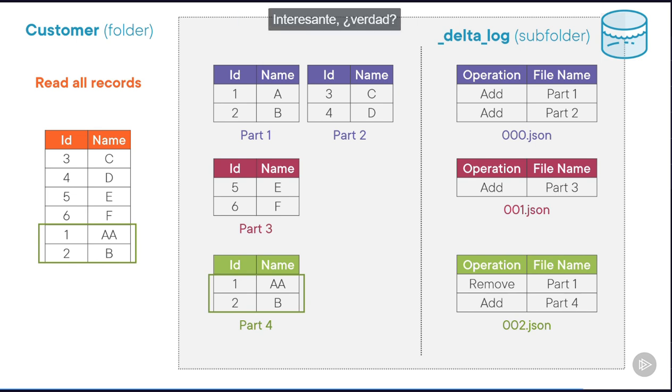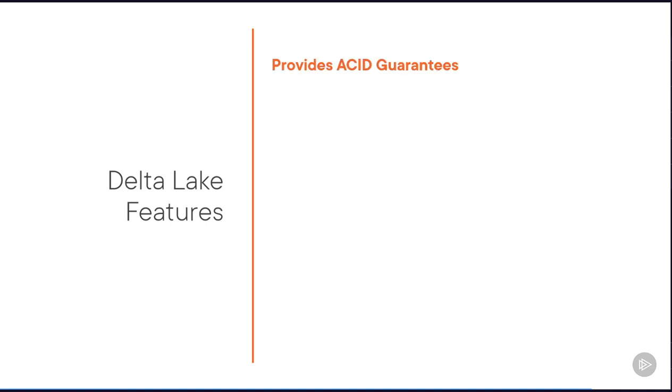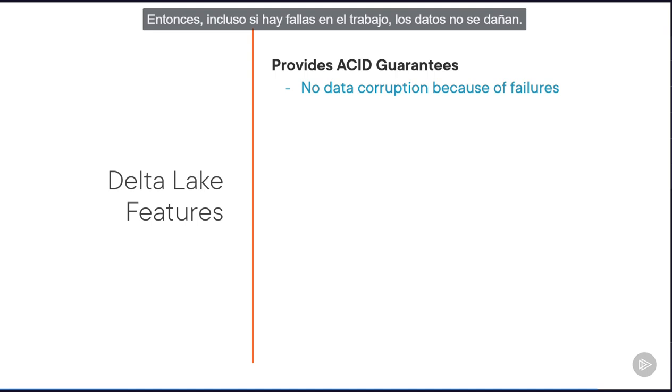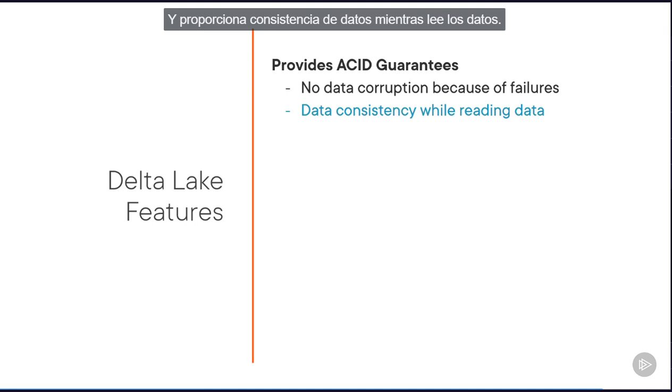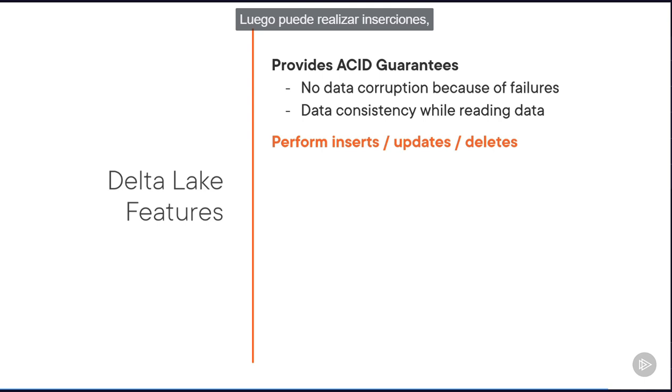Interesting, right? At a high level, let's see what features does Delta Lake provide. It provides ACID guarantees. So even if there are job failures, data is not corrupted. And it provides data consistency while reading the data. Then you can perform inserts, updates and deletes on the data with significantly less overhead.